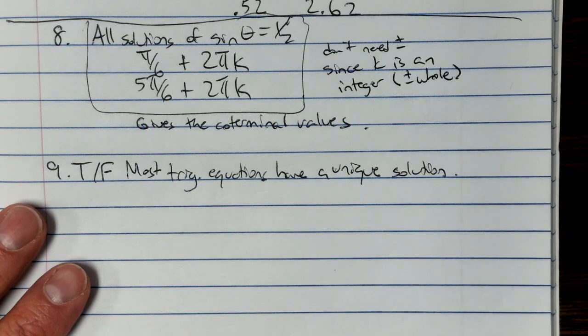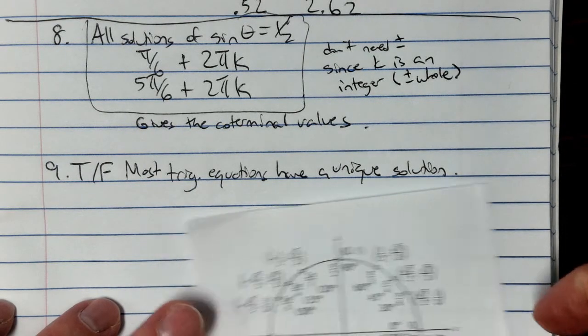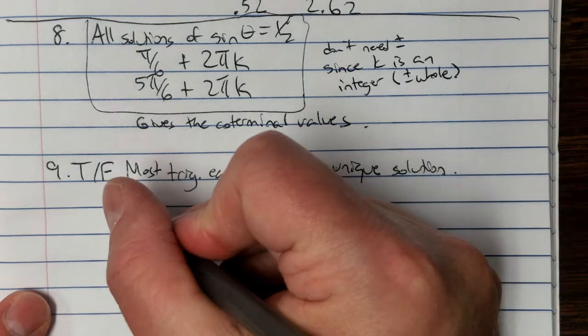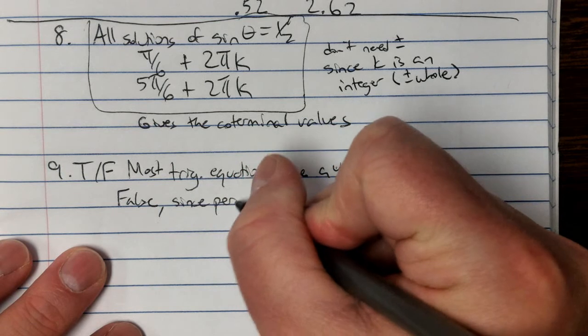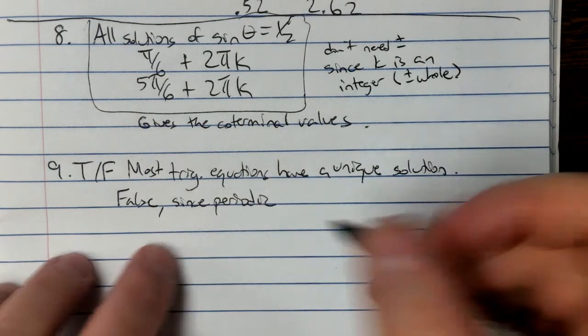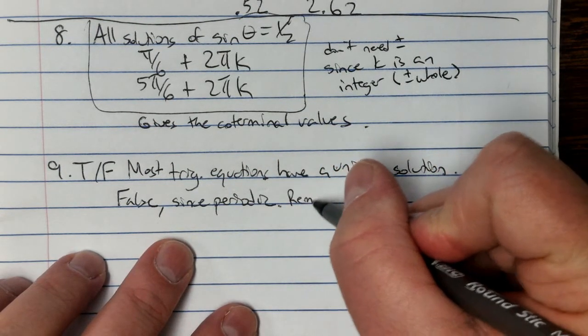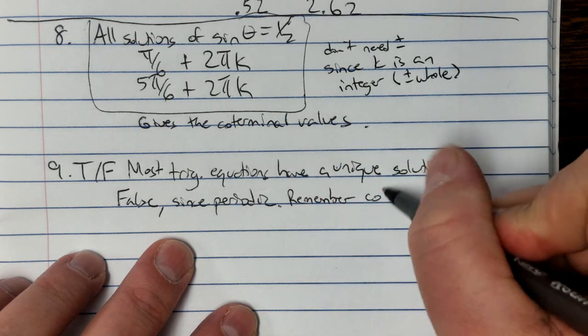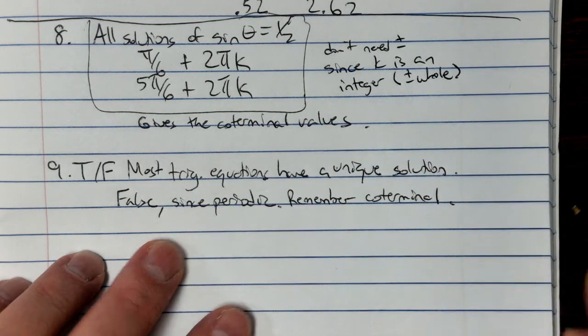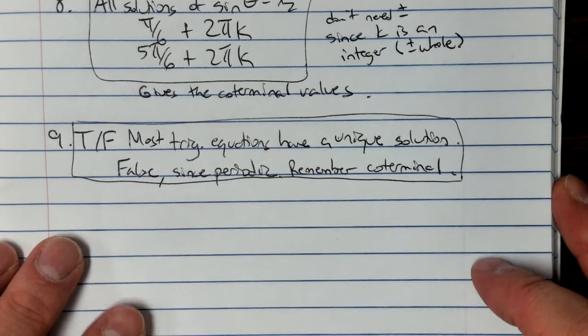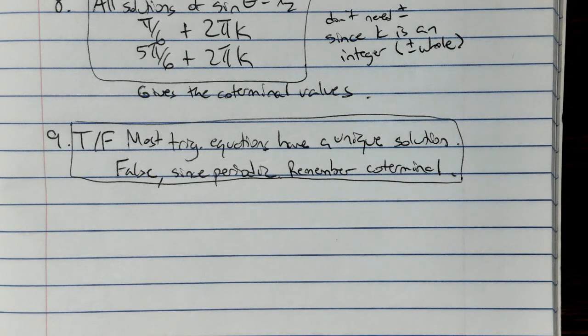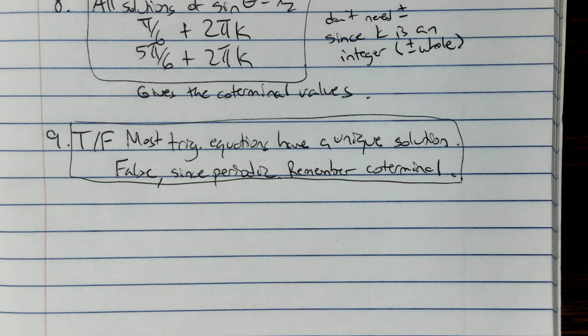So since we can do coterminal on everything, that's going to be false, since periodic. And remember the coterminal. So just remember, you're going to have more than one answer most of the time.